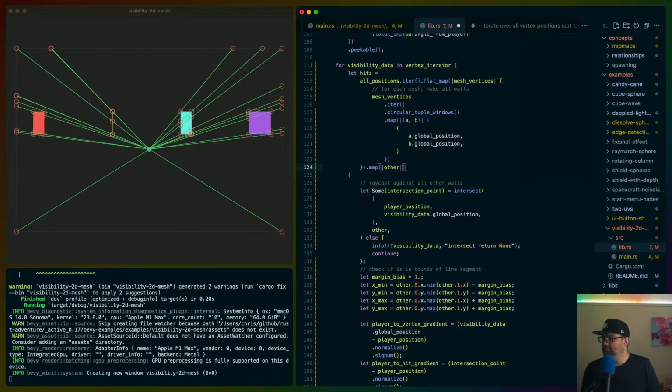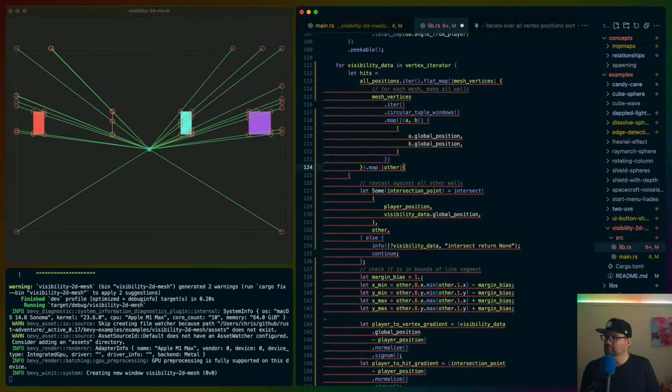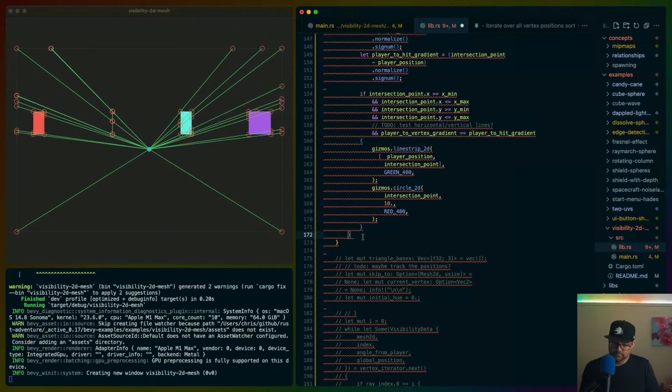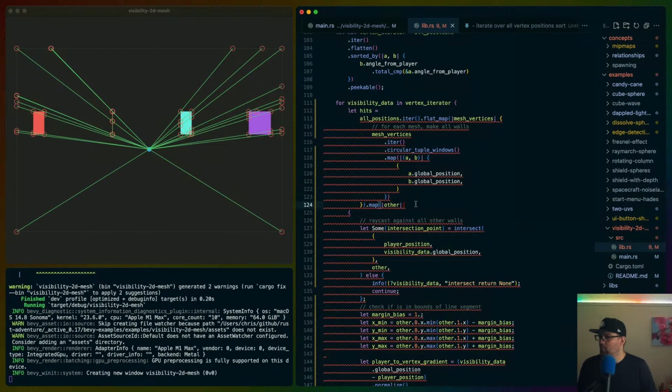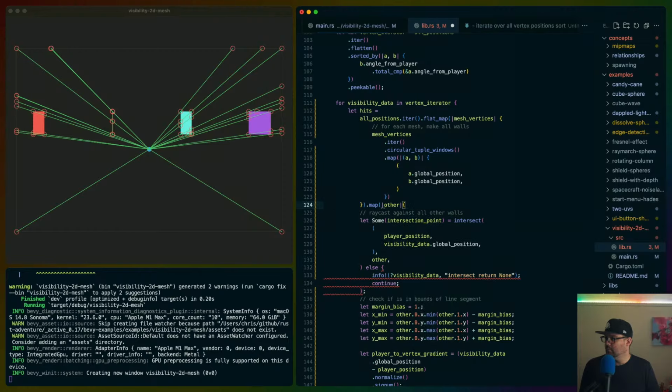This is other. For all positions, flat map over the mesh vertices. This gives us all of the walls.